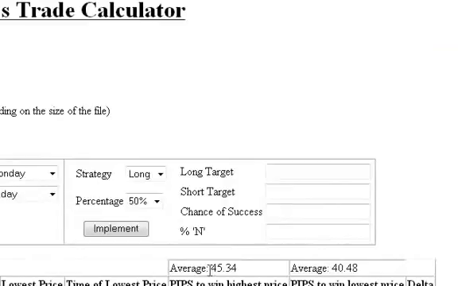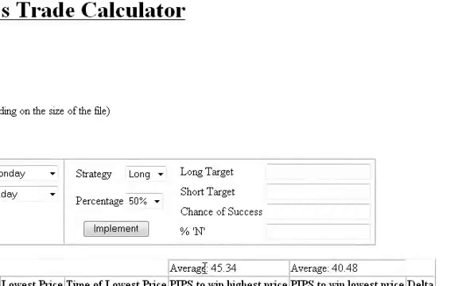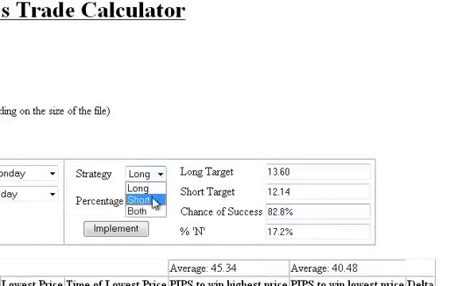You can see here that the average is 45 for a long and 40 for a short. If we take, let's say, 30% of that number, it tells us we're going to have an 82% chance of success by entering this long trade of 13. A short trade gives us about a 72% chance.